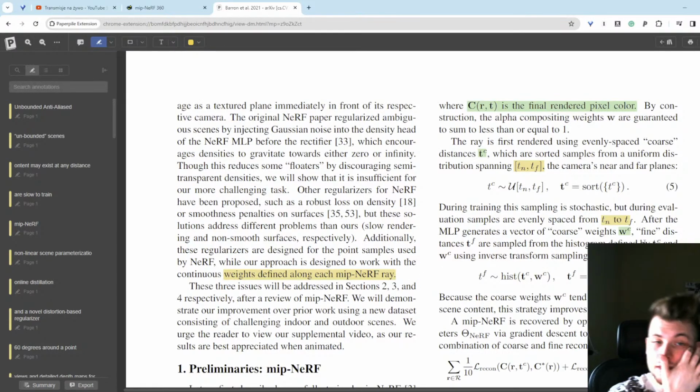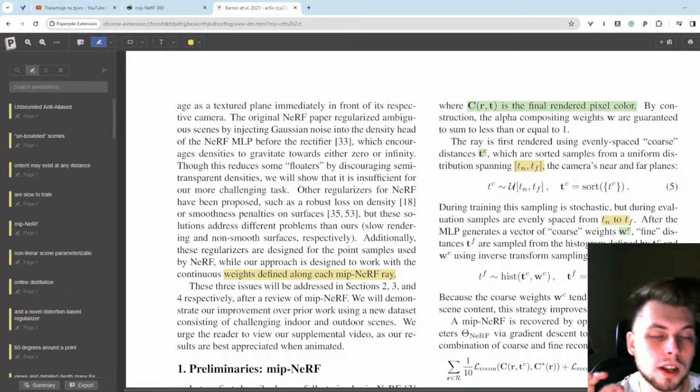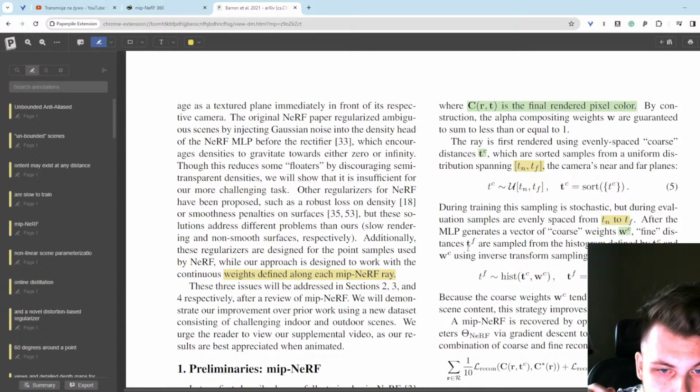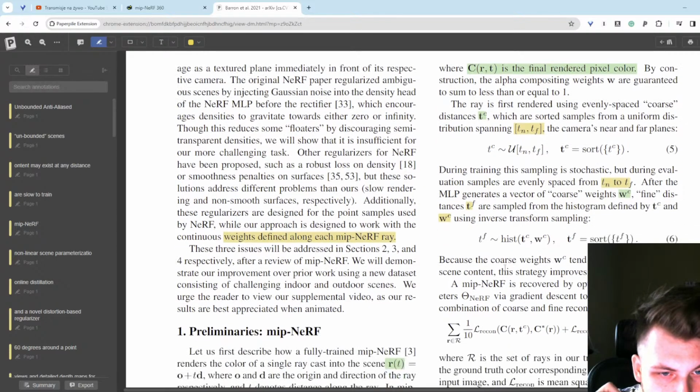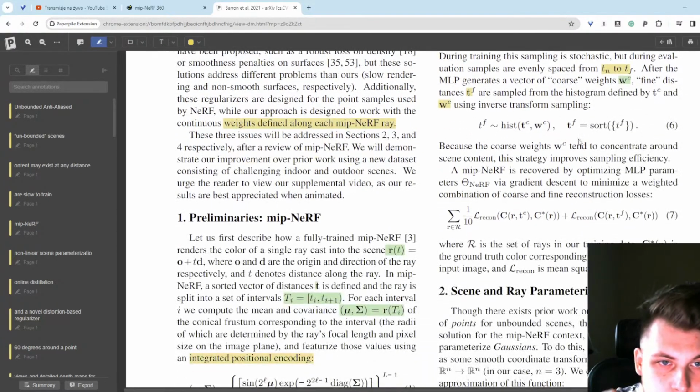So this is the idea: we first sample uniformly, get a general idea where the density is, and then we resample with tf, and we get this tf based on these weights Wc. So they describe it like that: because the coarse weights Wc tend to concentrate around scene content, this strategy improves sampling efficiency, right? Because we're going to sample around wherever the most density is.